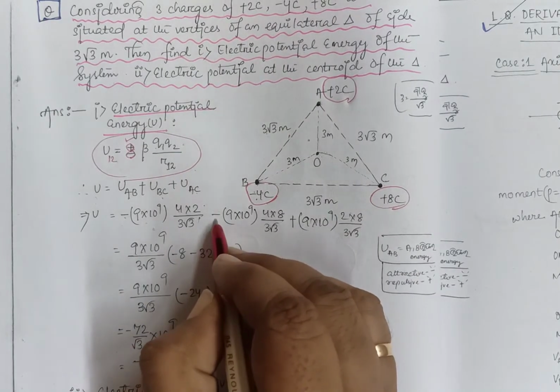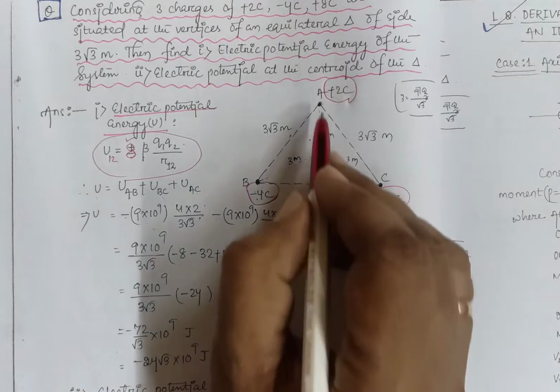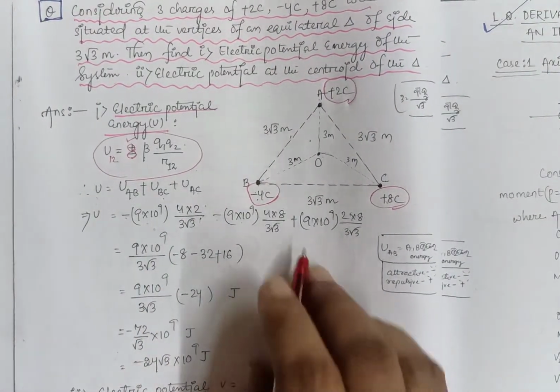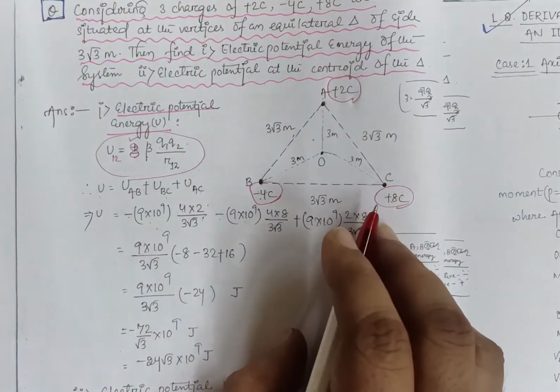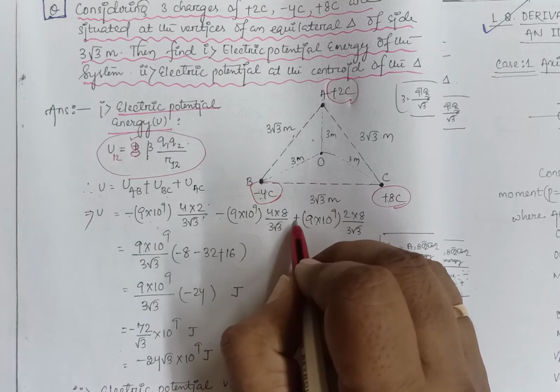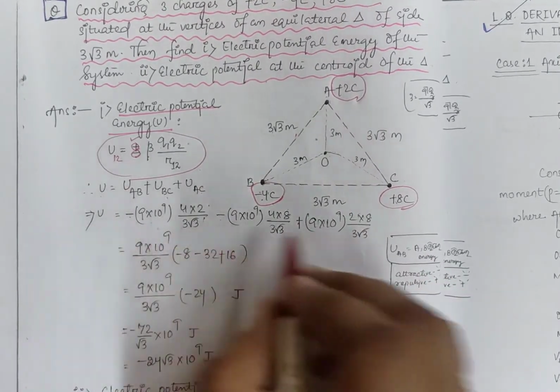So the minus sign is here, the same data are put here. Then between A and C both are plus, so the nature of the force is repulsive, so plus is written here. So in this problem you have to put the plus sign or minus sign.